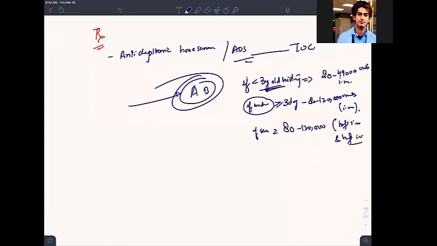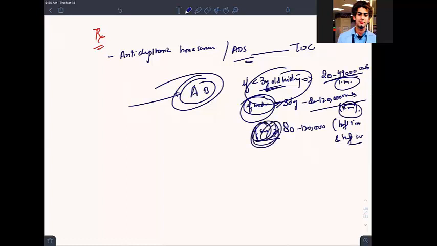I repeat again: if it is less than 3 days old history, 20,000 to 40,000 units IM. If it is moderate, greater than 3 days, 80,000 to 1 lakh 20,000 units IM. If it is severe, 80,000 to 1 lakh 20,000, the same, but half IM, half IV.